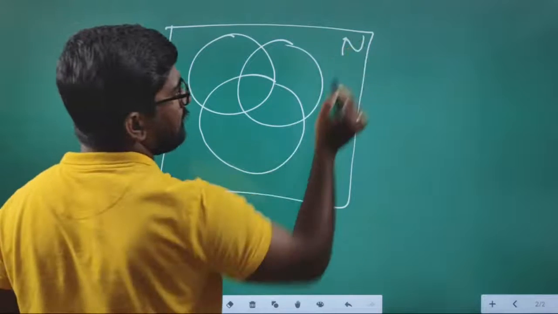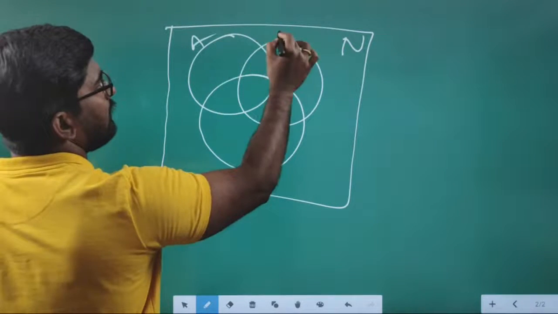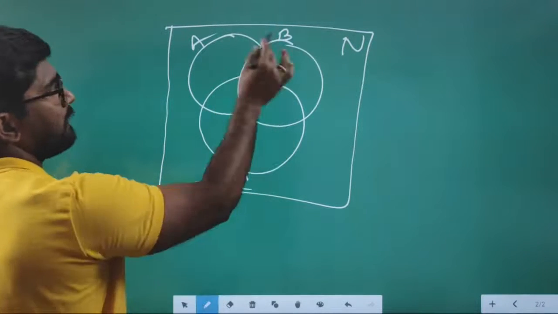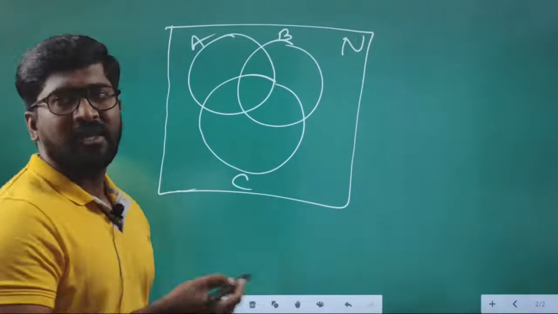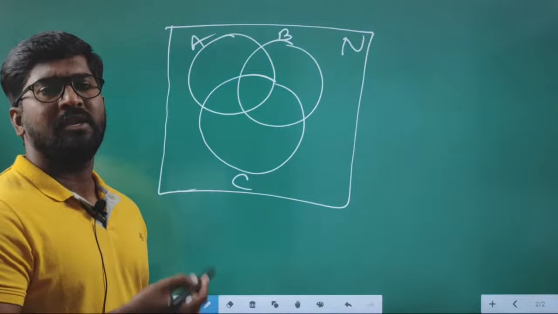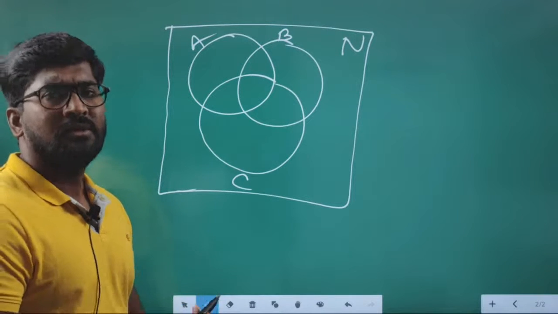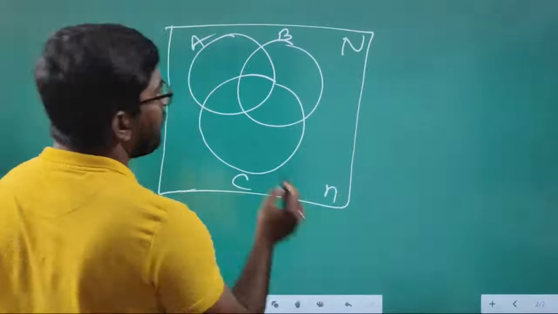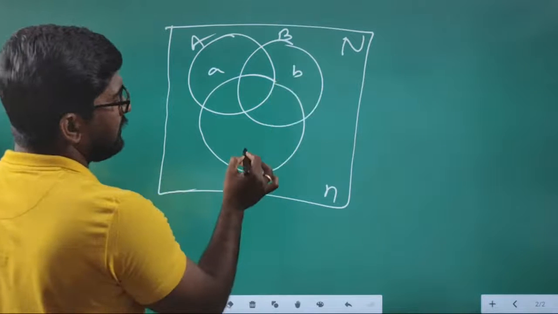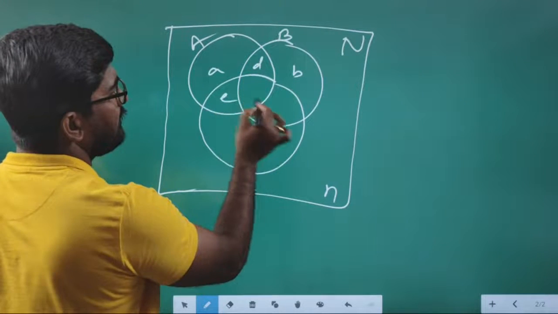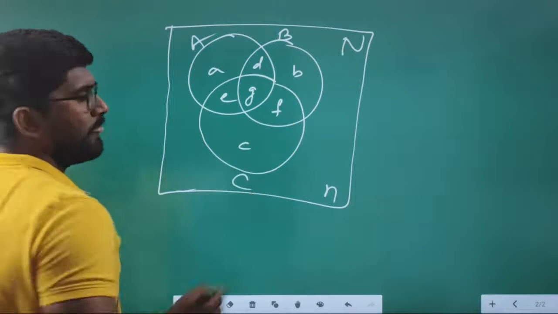Capital N, capital A, capital B, capital C, where capital A, B, C are events like tea, coffee, Horlicks, or cricket, tennis, football, speaking Telugu, Hindi, English, something like that. And small n. So this is small a, small b, small c, d, e, f, g.